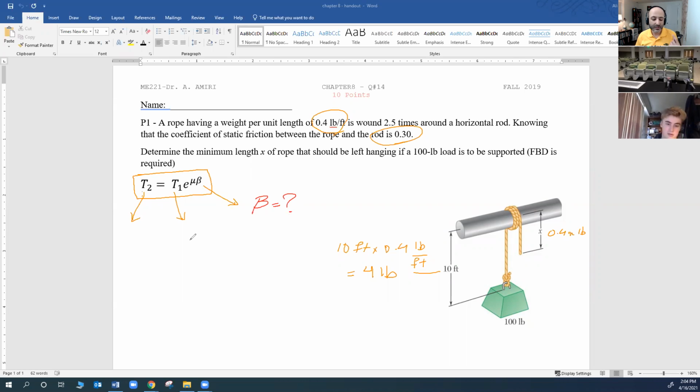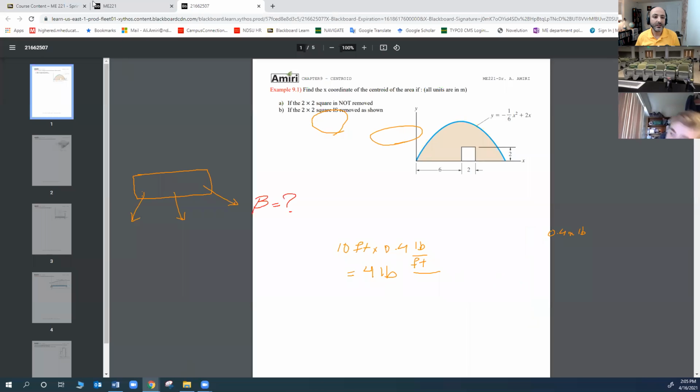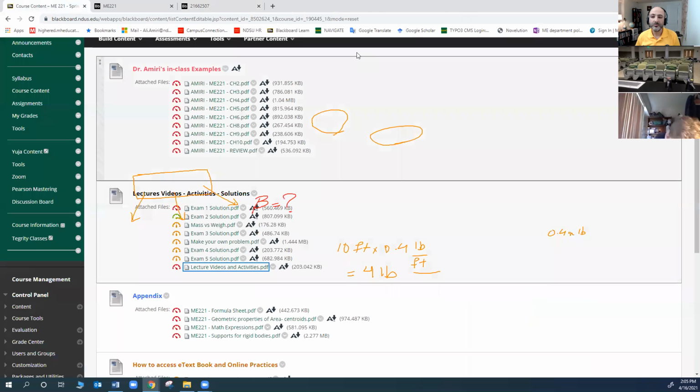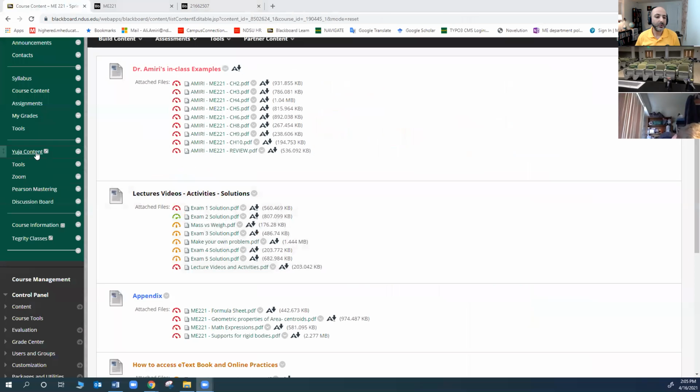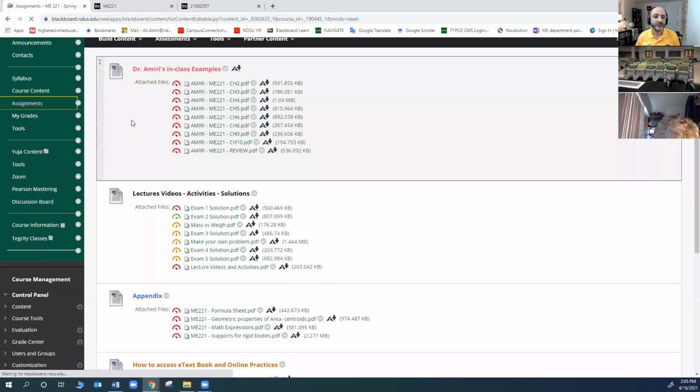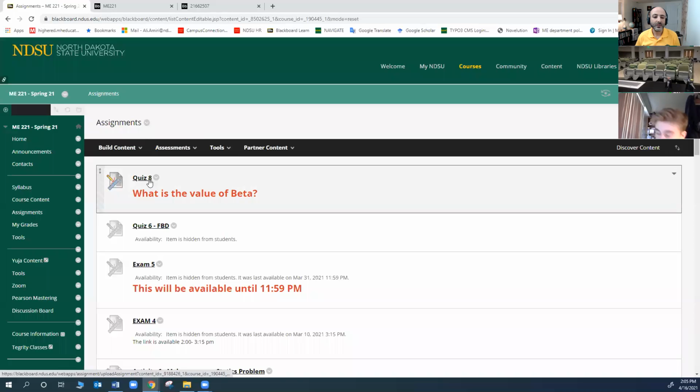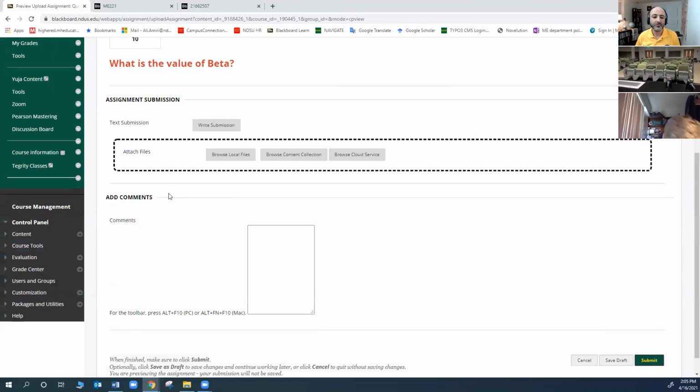Okay, so if you're in your classroom, all you have to do is just write the value of beta. That's it. If you're in the classroom, Colton will go around and do it. If you are online, I added a link on Blackboard. All you have to do is click on it and write a submission. Just write the value.